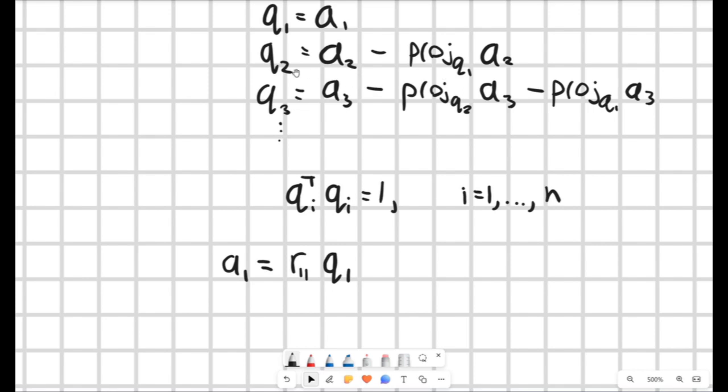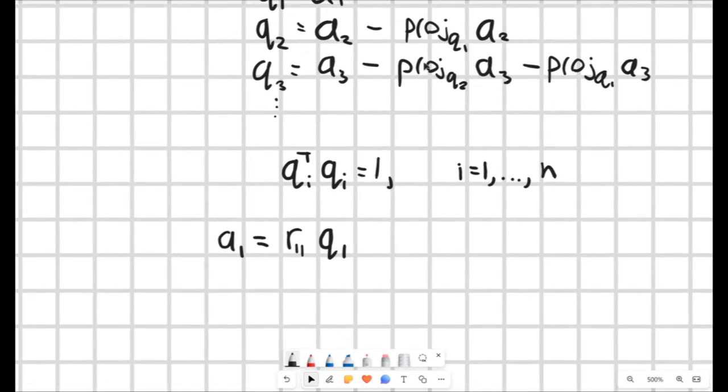We move on to the second term. So if we rearrange this equation in terms of A2, what we've got is the vector Q2, and then it'll be added to some kind of a projection onto Q1. Okay, so that means that A2 can be expressed as a constant times Q1 plus a constant times Q2.